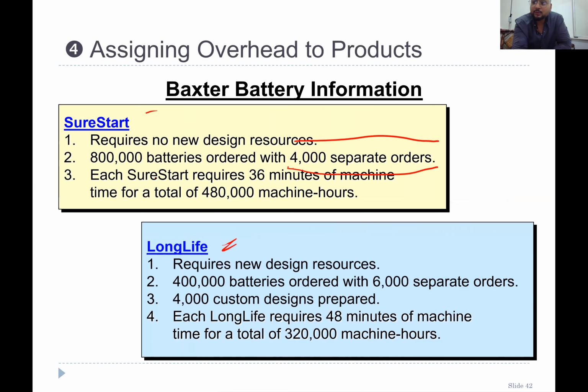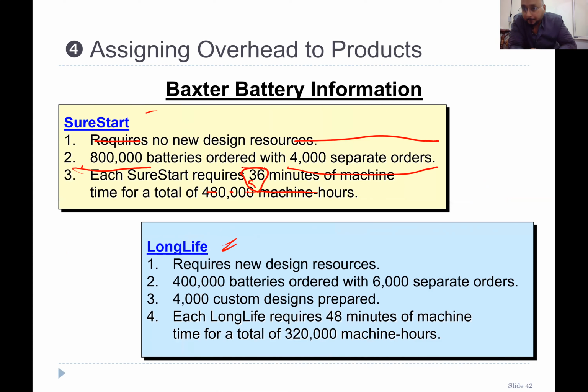And each short start takes 36 minutes of machine hours, for a total of 480,000 machine hours. What does it mean? It takes 480,000 machine hours to complete 800,000 batteries, or one battery can be completed in 36 minutes.